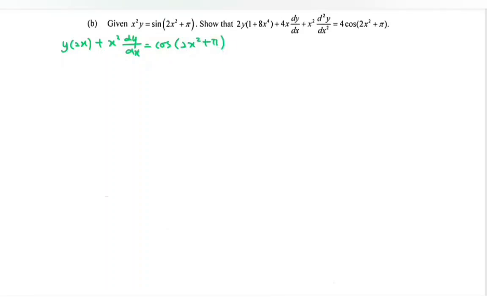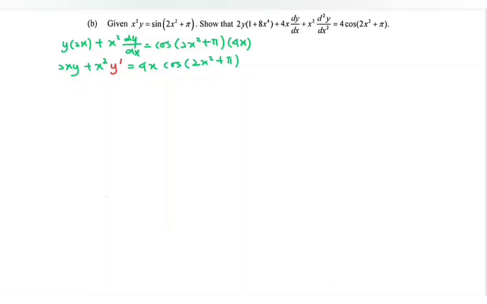Differentiate the internal function, and we will have the 4x. Kindly rewrite the situation. We have 2xy plus x squared, then here we have the y prime, and then equals 4x cos bracket 2x squared plus pi. So that will be our simplest form for the first part.